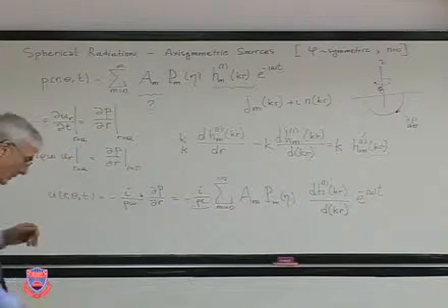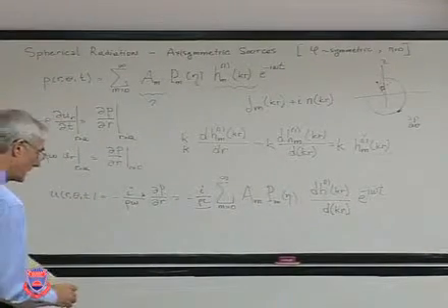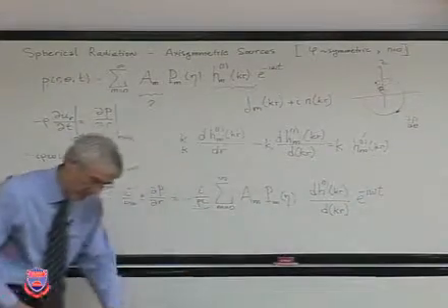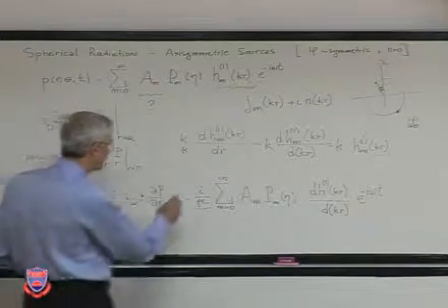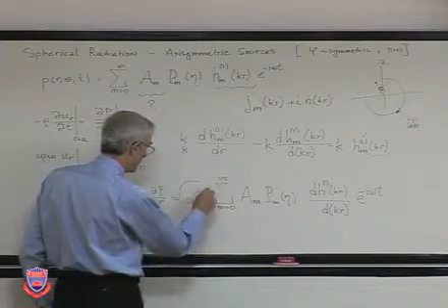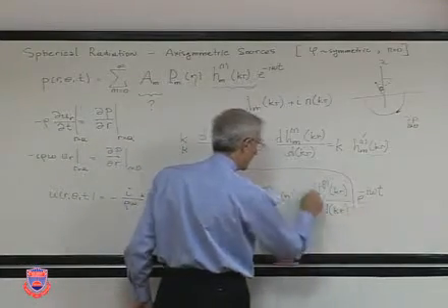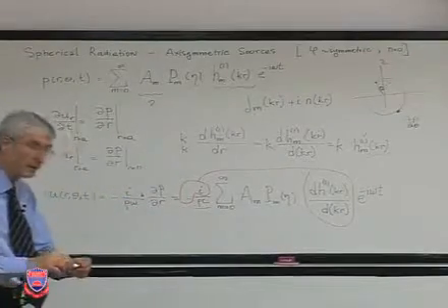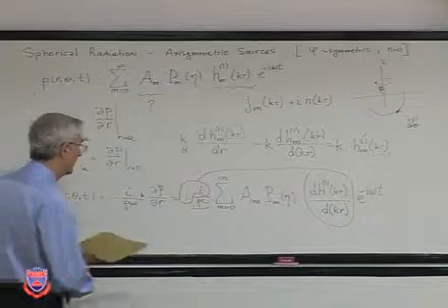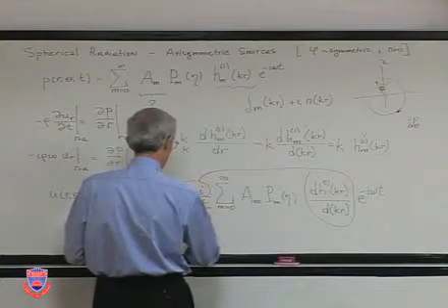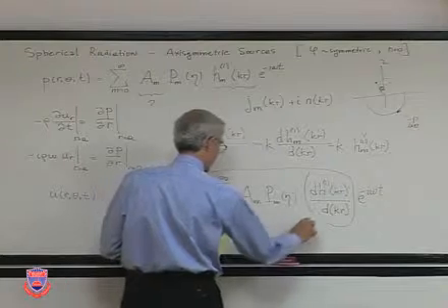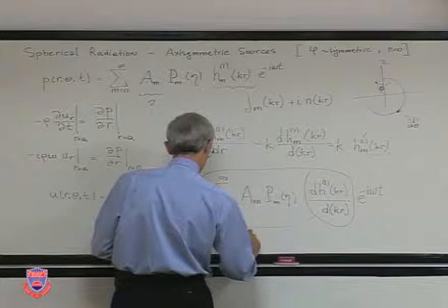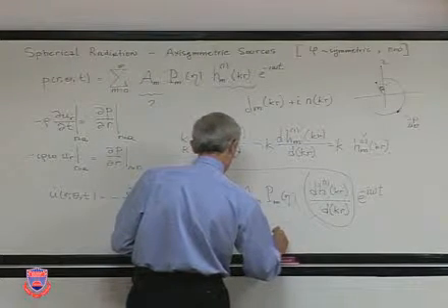Okay. One other thing that we do here is just simple reorganization. Just those two terms. I'm going to write it a little bit differently. This equation here, we write it as B_m(kr) e to the i.